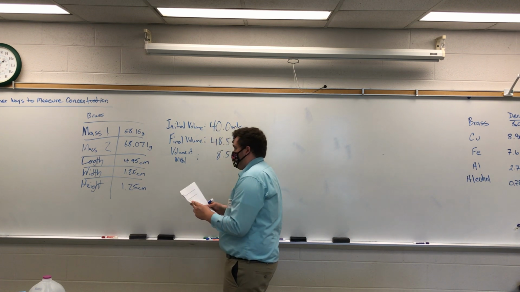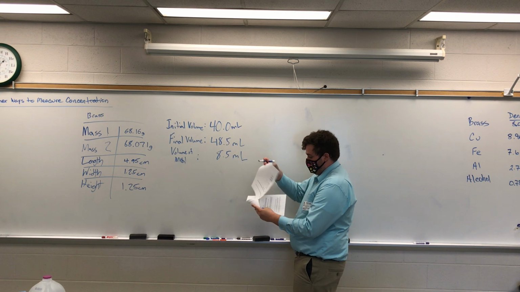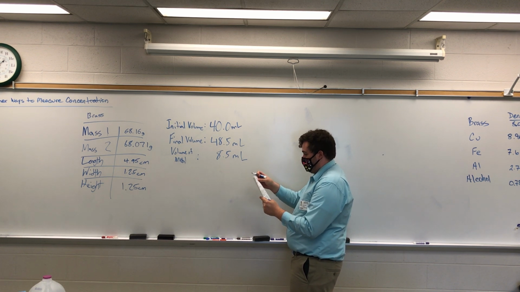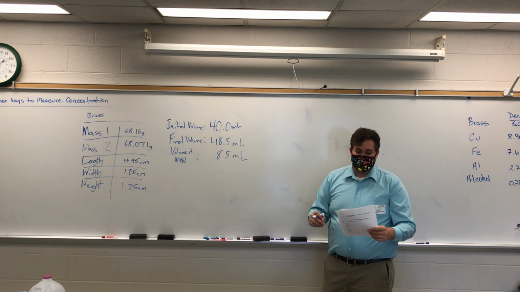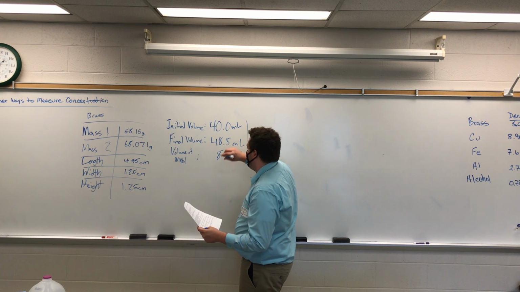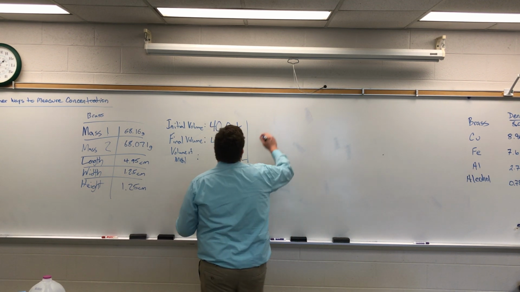Okay, so now we are going to go through and do the densities. So this is kind of the method to show right now, but once we get to our percent error, we'll go through from there. So densities, where am I going to put these? Let's do here.